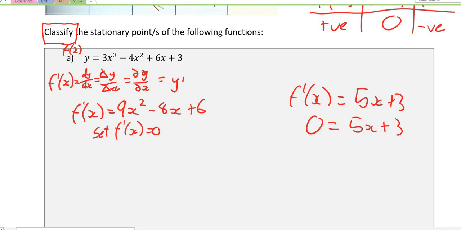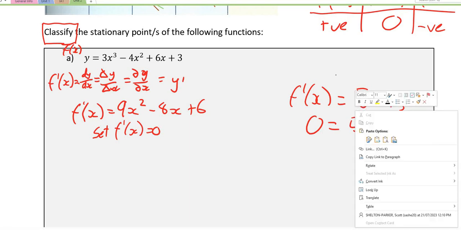If you haven't said why you're subbing in a value, it's really bad practice. You're supposed to say set f dash of x equal to 0 to find turning point. I cut off the 'to find the turning point' because it's sort of implied, but it's really lazy to go from one line to the next and change something without saying why. You're allowed to do it algebraically because you're saying what you're changing as you go, and each side of the equation stays the same overall. But you really need to be making sure that you're explaining why you're making the changes that you do.